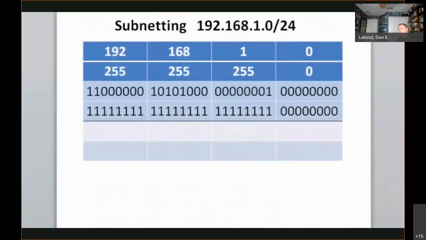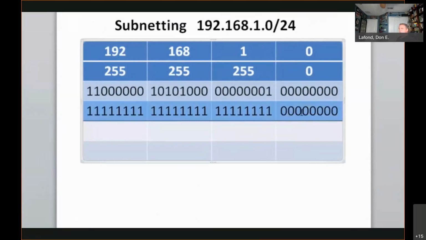I'll explain it using an example scenario. Let's start with a classic Class C network like 192.168.1.0 with a /24 or 255.255.255.0 subnet mask. If we want to subnet this 192.168.1.0 network, what we need to do is go into the subnet mask in binary, which we can see on this row right here.